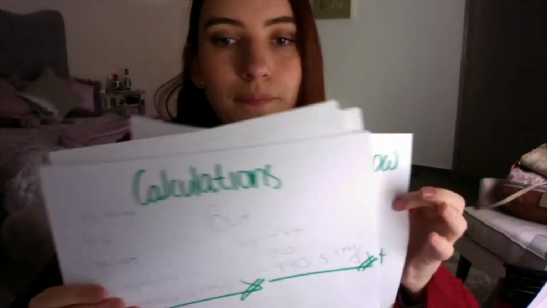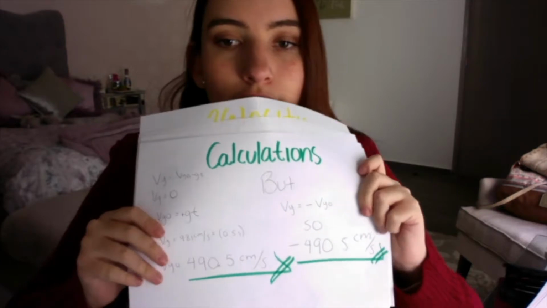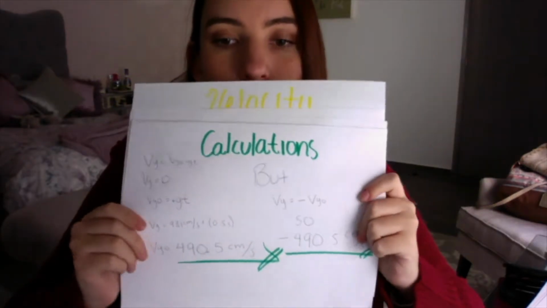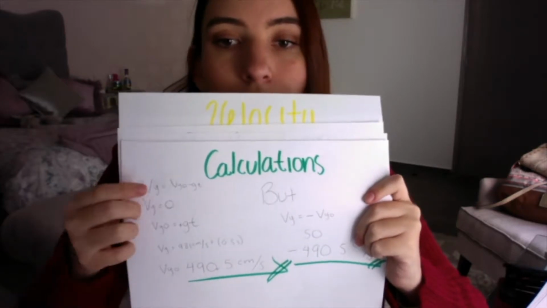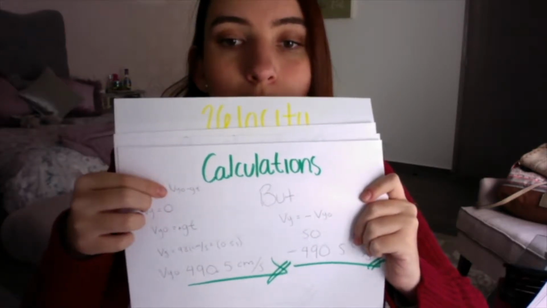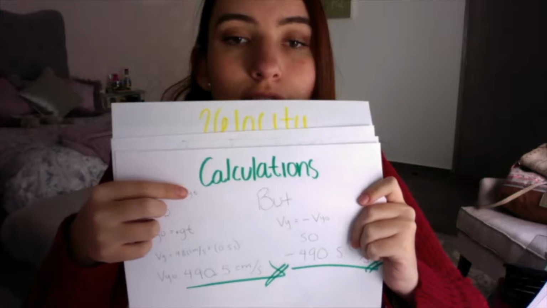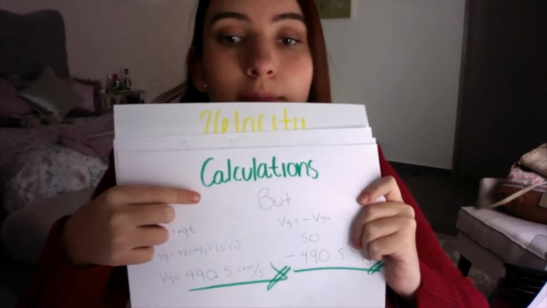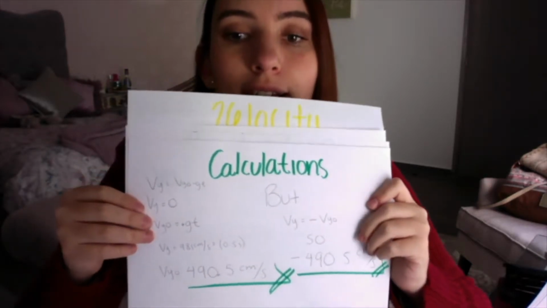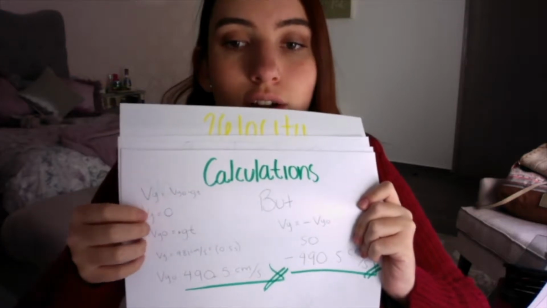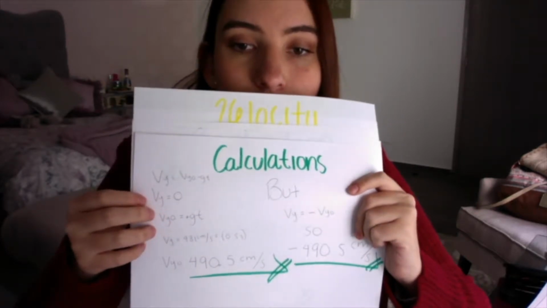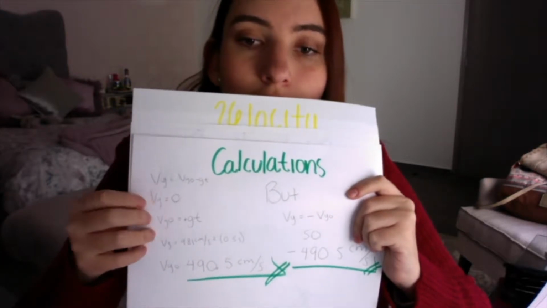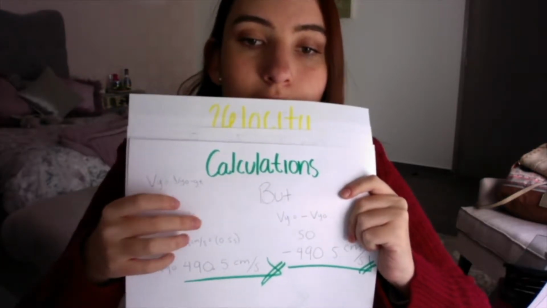We calculated the parabolic throw. First, we calculated the final velocity using the formula Vy equals Vyo minus gravity times time. But we didn't have an initial velocity, so we assumed that it was 0. So the velocity is now gravity times the time.